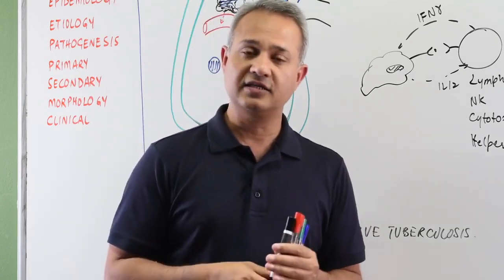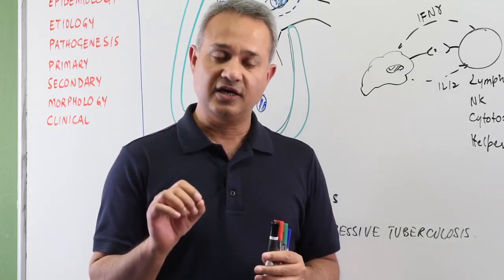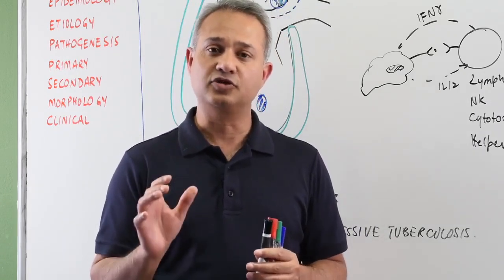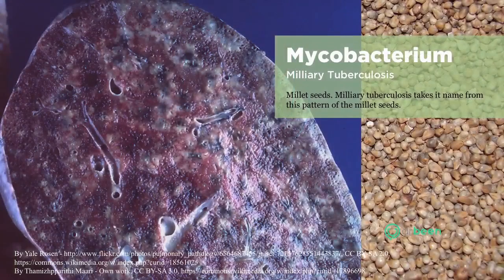Now let's look at the chest x-ray of a patient with miliary tuberculosis. Guys, look at this diagram here. This is miliary tuberculosis. Why is miliary tuberculosis called that? Look on the right side, you see millet seeds here. This tuberculosis looks like millet seeds and that is why the name. What happens is this is basically hematogenous spread.